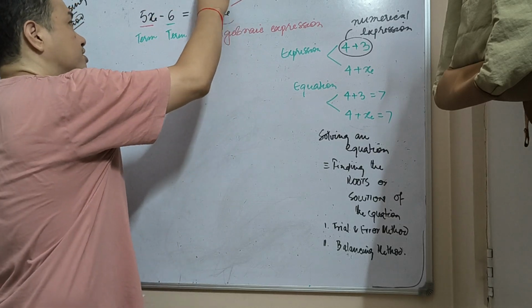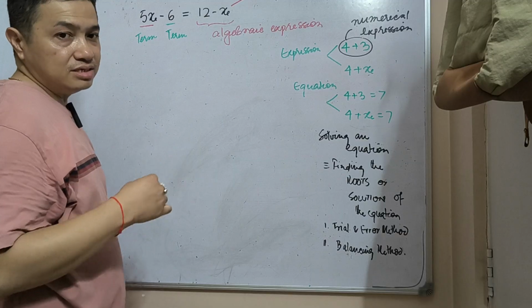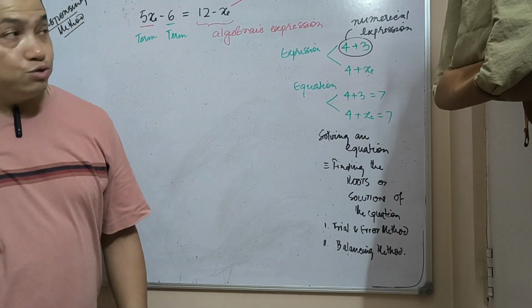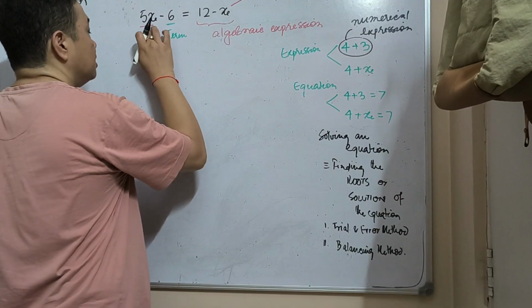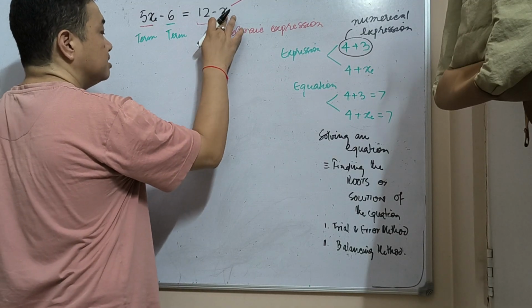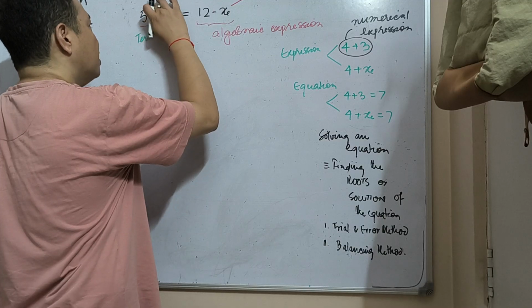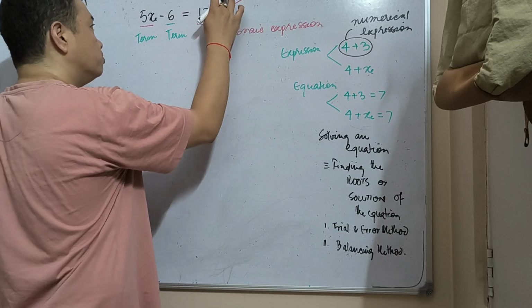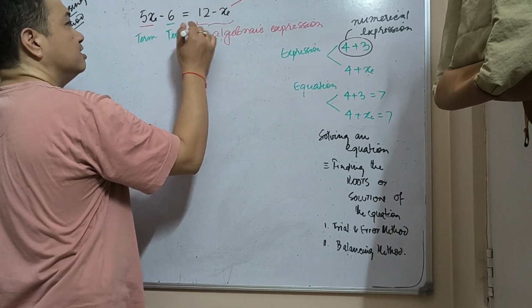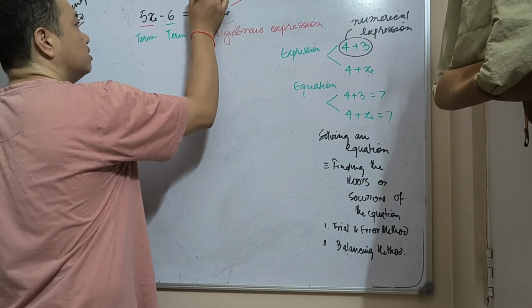So we transpose the variable to one side to make it easier. Here we have 5x, here we have x. Either 5x can be transposed to the right side, or x can be transposed to the left hand side. It's better to transpose x to the left hand side.